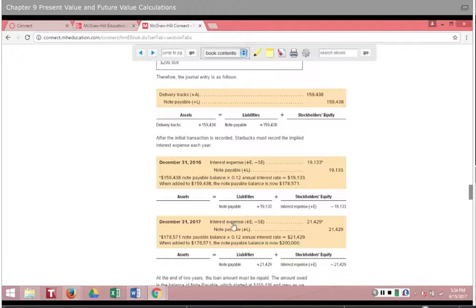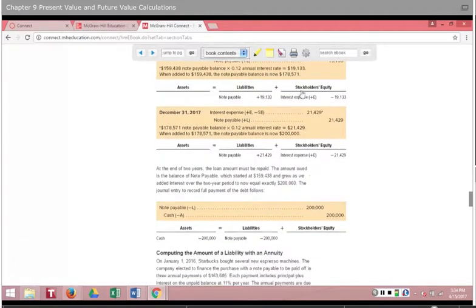Again, we will debit interest expense and credit notes payable for that amount. When we add the $21,429 to the $178,571, now the note payable equals $200,000, which is the amount that we have to pay.